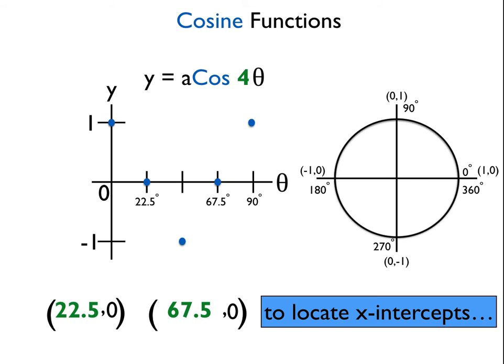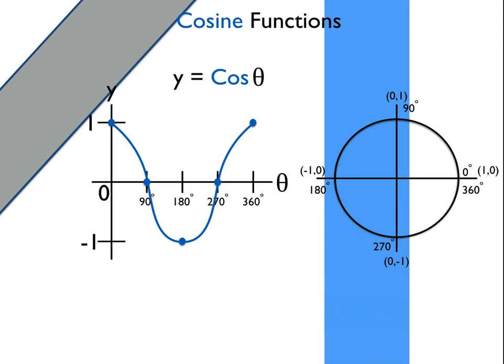And that's it. Those are my points. That's how I figure out the points on my graph, and now I can just connect my dots, and there I have the function for the equation y equals a cosine 4 theta, or 1 cosine 4 theta. I hope this was helpful in knowing how to draw a cosine graph.